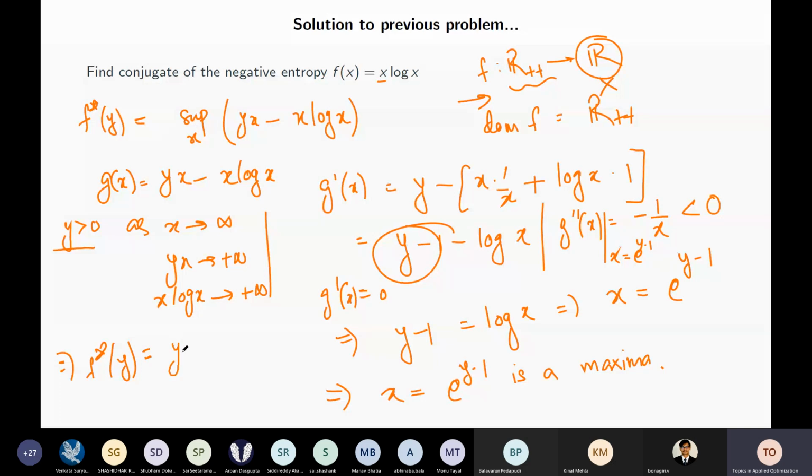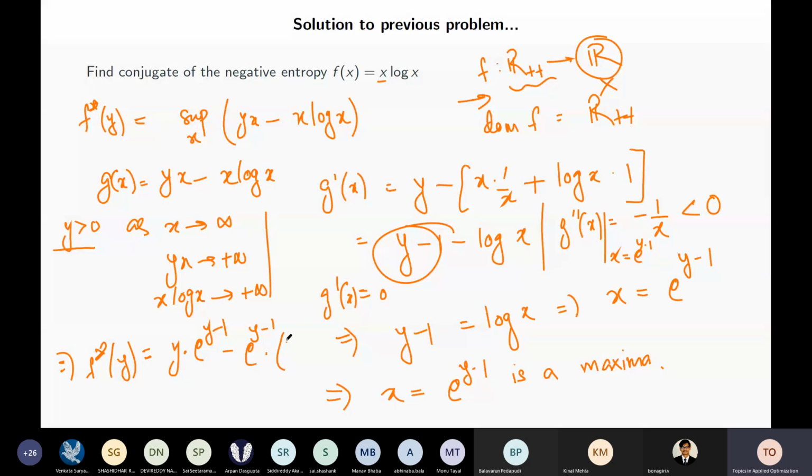So this is y times e to the y minus 1 minus, yeah, x is e to the y minus 1 times log x, and log x is y minus 1, right?